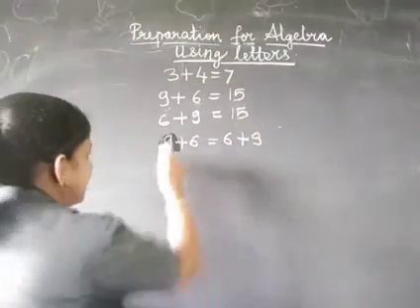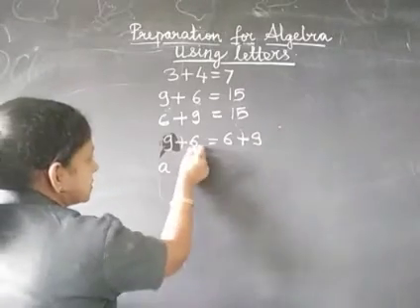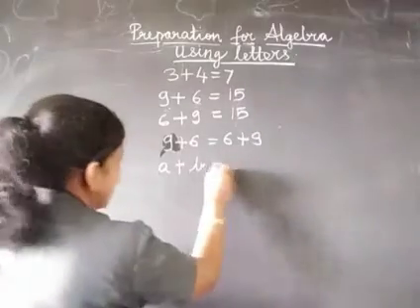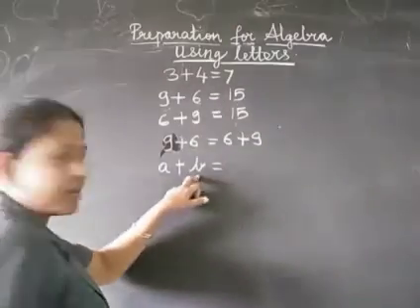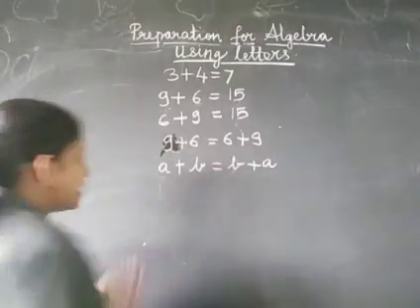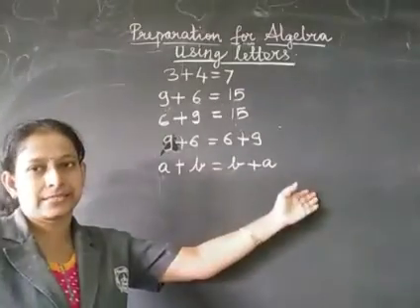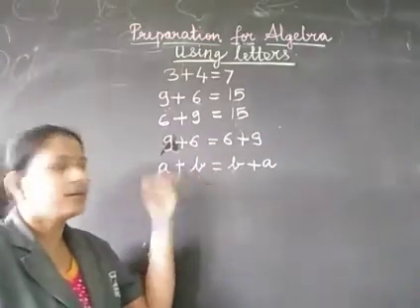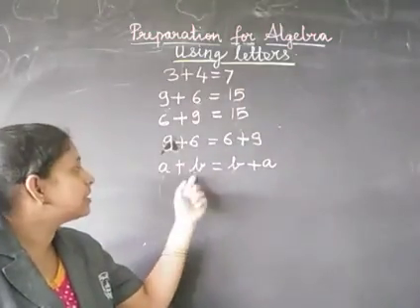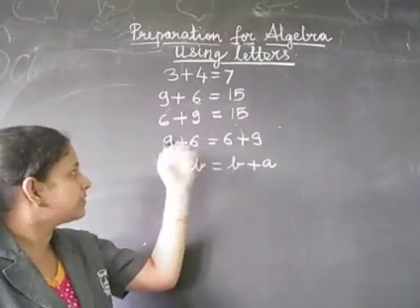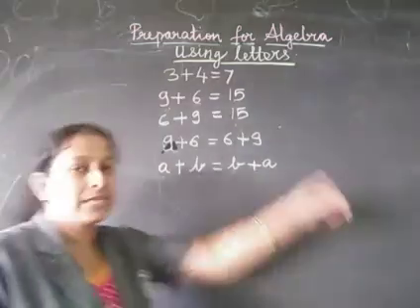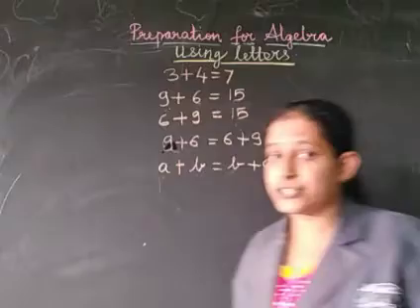Consider that 9 is A and 6 is B. Then we can write A plus B, and also B plus A. So we get a property using letters, and this property will remain the same for all problems of addition. That is, when we interchange the order of the letters or even the numbers, the sum remains the same. So A plus B can be written as B plus A. This is one of the properties which you have learned earlier.